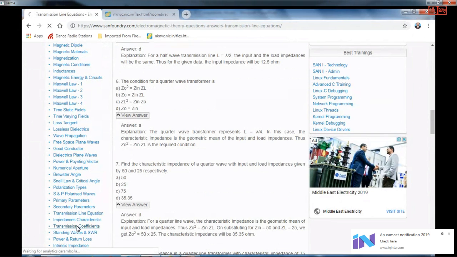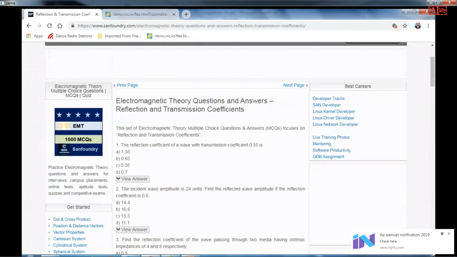Okay, so the reflection coefficient of a wave with a transmission coefficient of 0.35 is... that means we are trying to get what is transmitted into the load, and we would like to find what is not transmitted. Whatever is transmitted is given as only 0.35. So the rest of it must have been reflected, because there is no other way the power loss is going to happen.